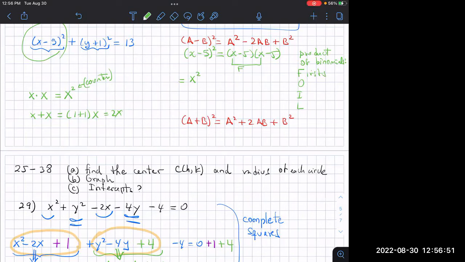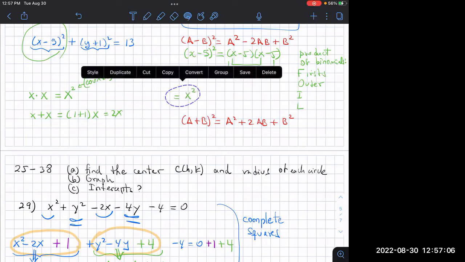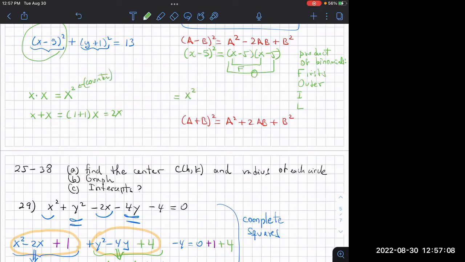What does O stand for? O stands for the outer. So that means x times negative 5. What does that give me? Negative 5x.